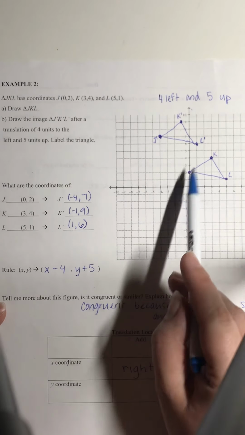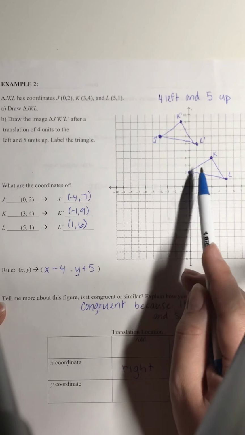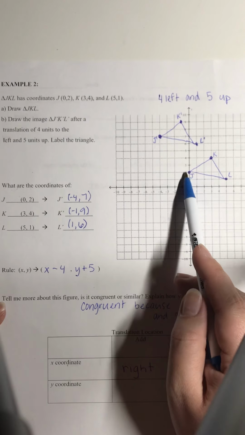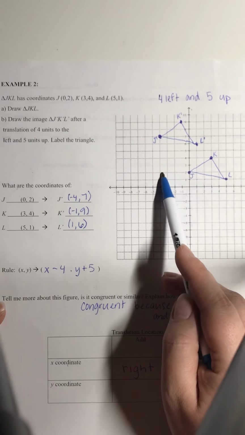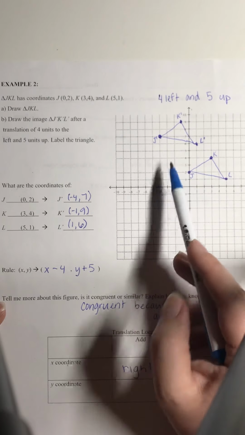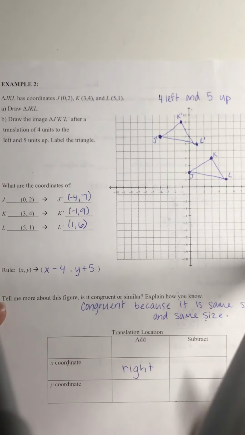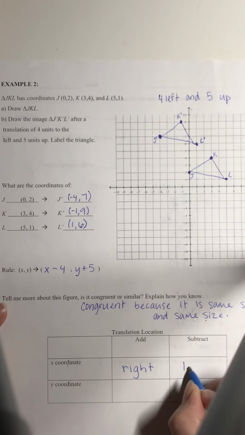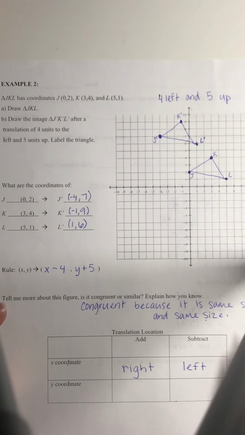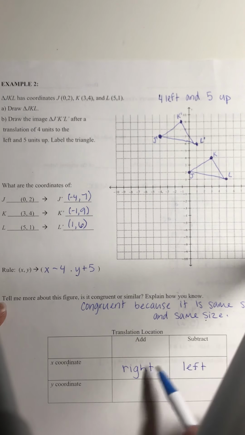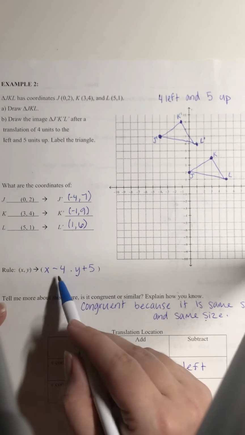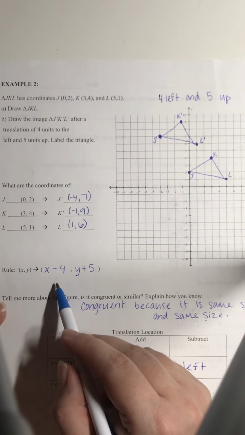Well, if my x-coordinate was here, and I went this way, right? When we went 4 left, well, that was subtracting, right? So if your x-coordinate subtracts, that means we need to go left. We're looking at the coordinate plane. So whether we go left or right is going to be whether we add or subtract. And that's going to help you determine, if they give you the rule, which way you're supposed to go.